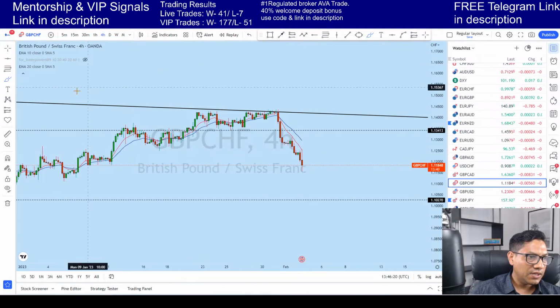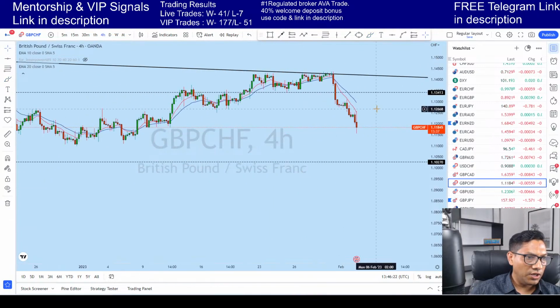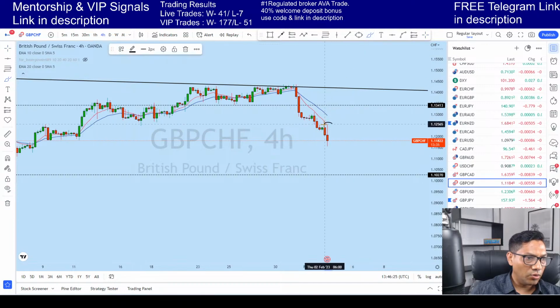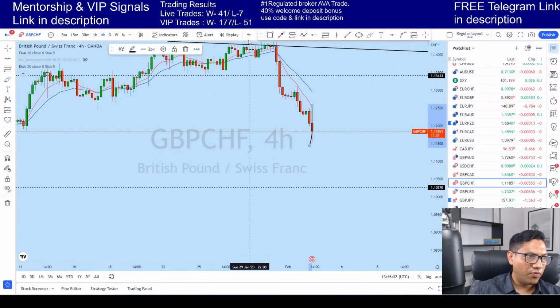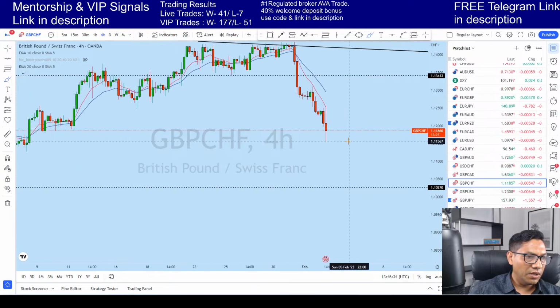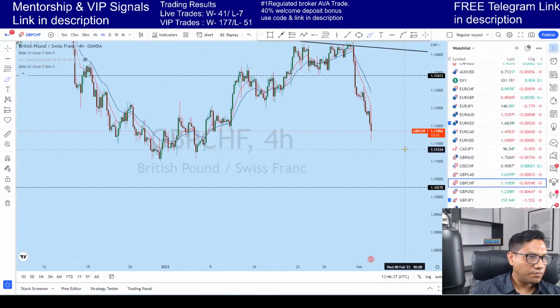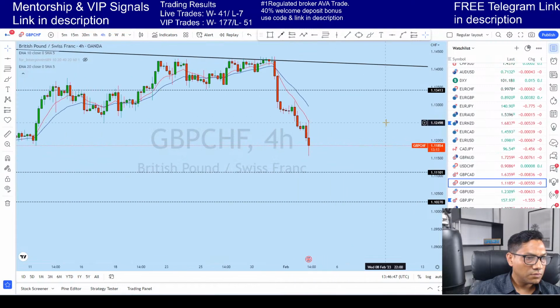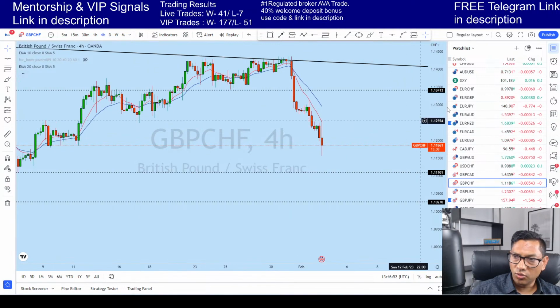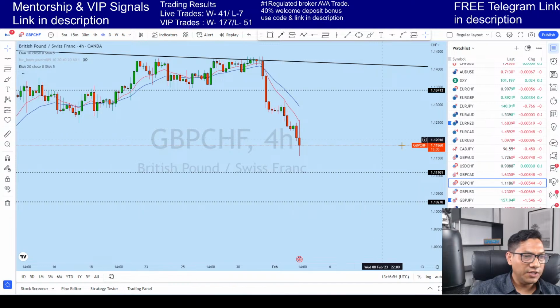That one has, you know, enough liquidity. Okay, this is the liquidity grab from this resistance zone, and with that liquidity grab, the price has formed this middleman on the 4 hour perspective. So this one, I think GBPCHF is likely to continue to drop. Okay, for me it's bearish.